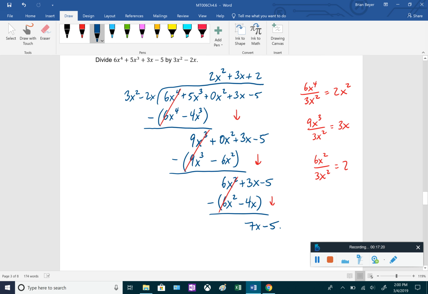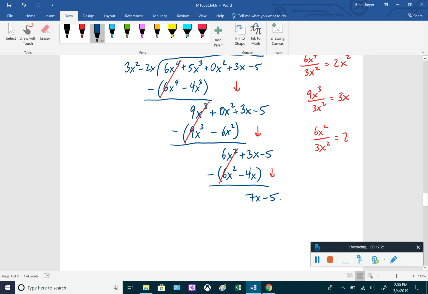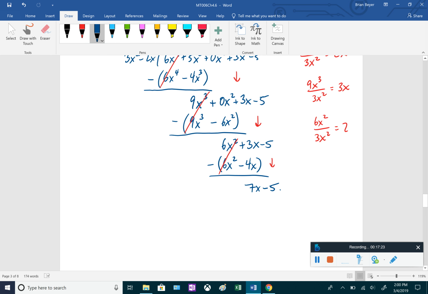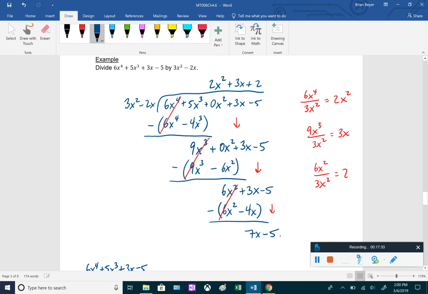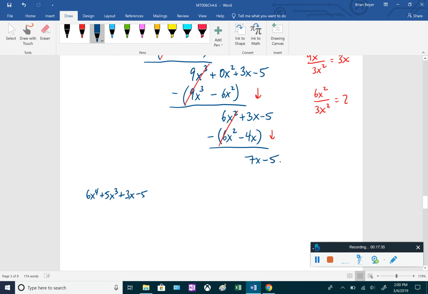So writing this in the form of the division algorithm, just going to repeat the problem. So it was 6x to the fourth plus 5x cubed plus 3x minus 5 divided by 3x squared minus 2x.